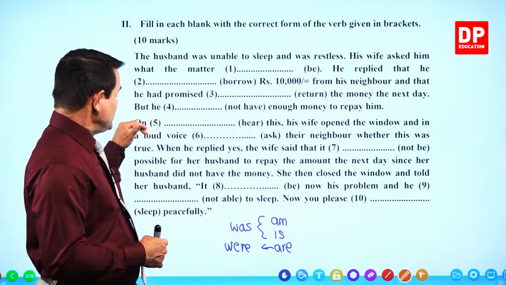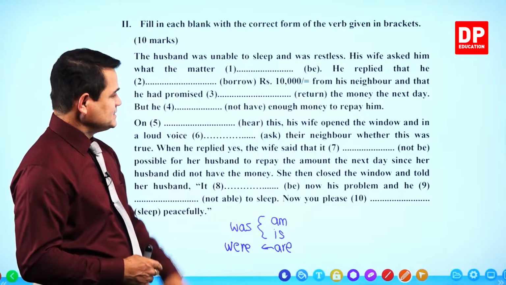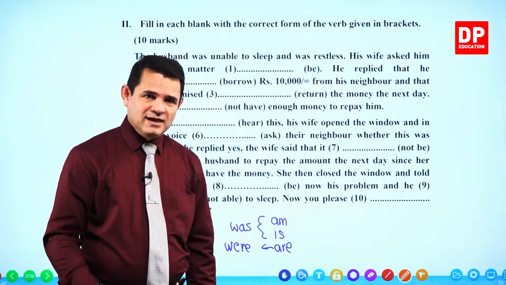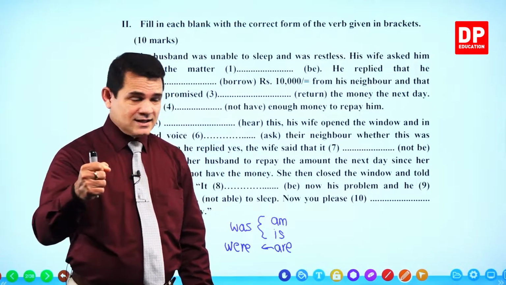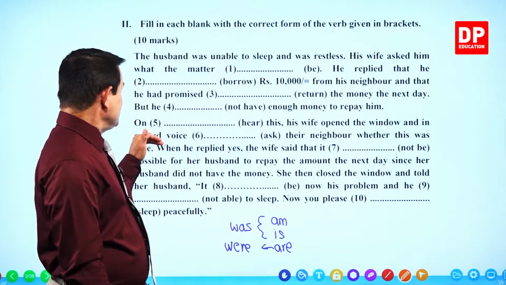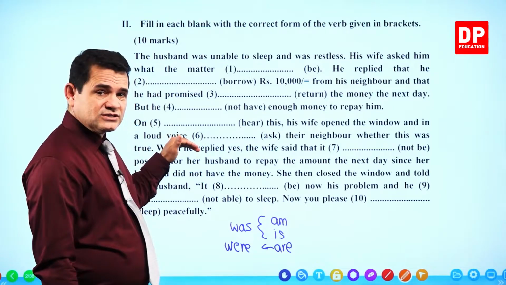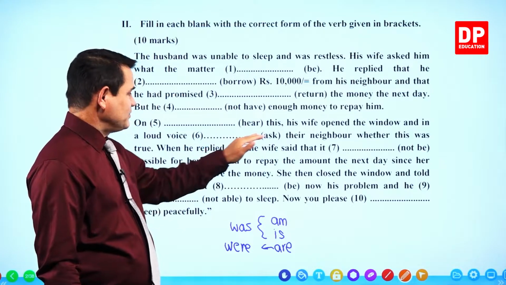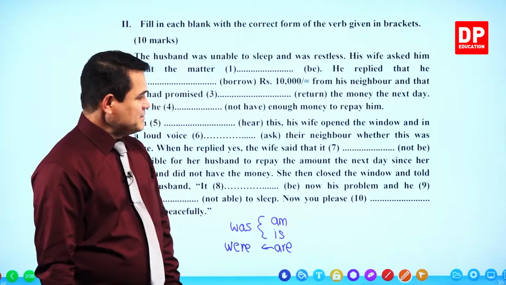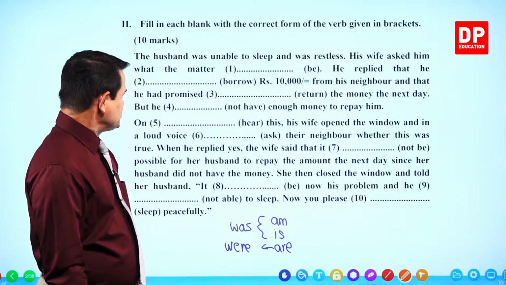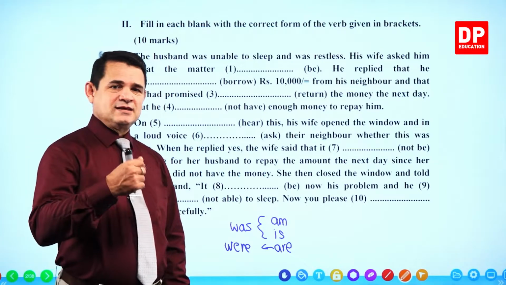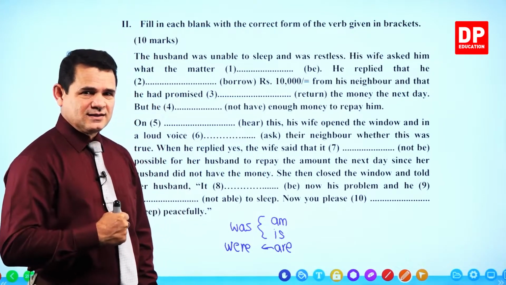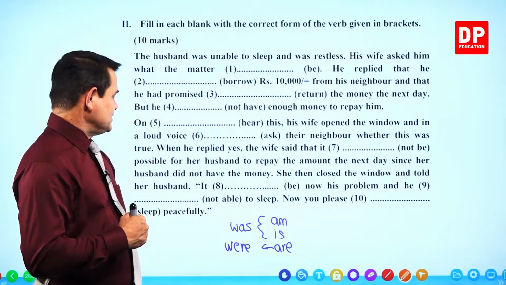Right. Then on blank here his wife opened the window. Now, hearing this, the wife opened the window and in a loud voice asked their neighbor whether this was true. She opened the window and asked loudly whether it was true.